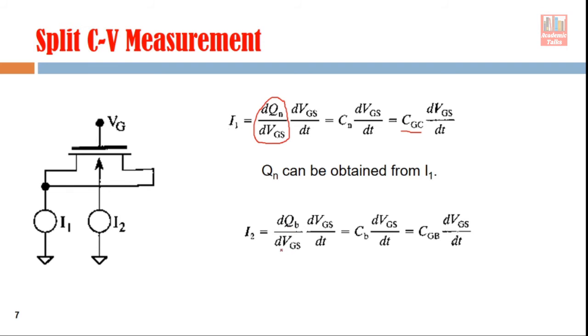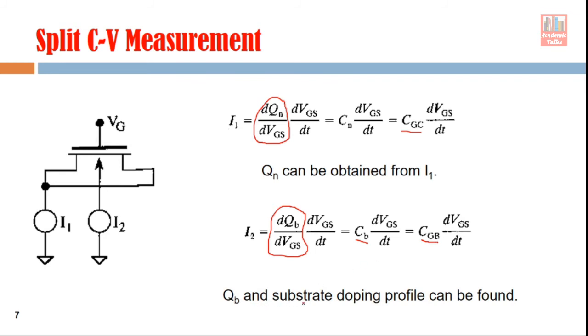Here also the gate source voltage is inserted in the same way. So this term is your bulk capacitance because it gives you the variation of bulk charge with respect to gate source voltage. This capacitance is termed CB, bulk capacitance, or sometimes it is mentioned as gate bulk capacitance, right?